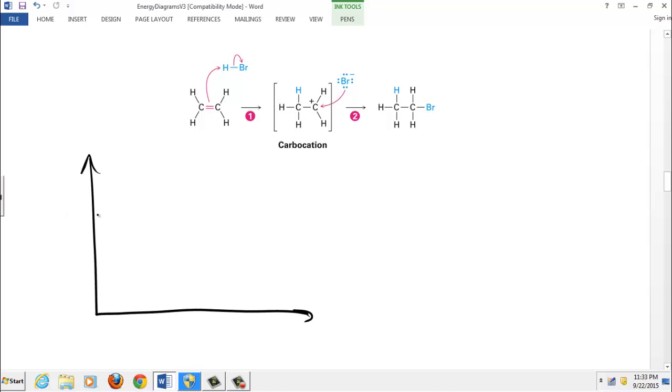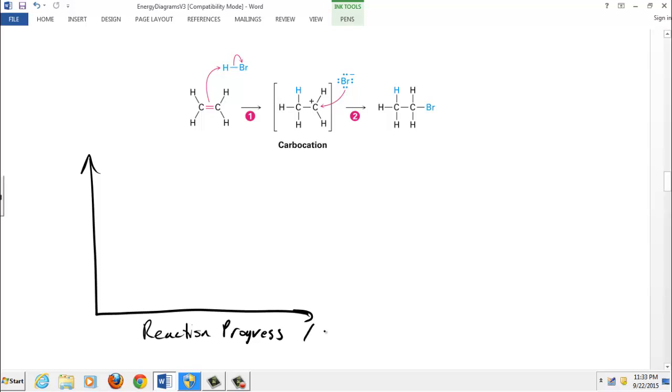The X-axis is called the reaction progress. It's how the reaction is progressing. It's sort of like time, but not really, right? Some of these reactions take a long time, others are really quick, and we're not plotting seconds here. We're just saying, arbitrarily, this reaction is going to proceed starting on the left and ending on the right.